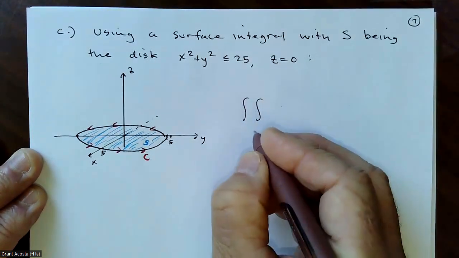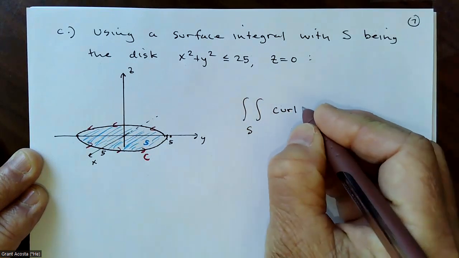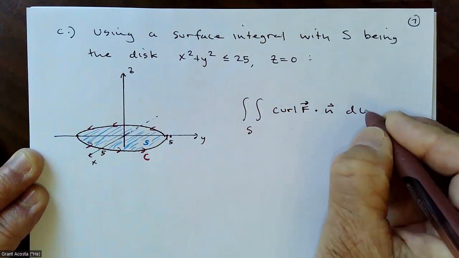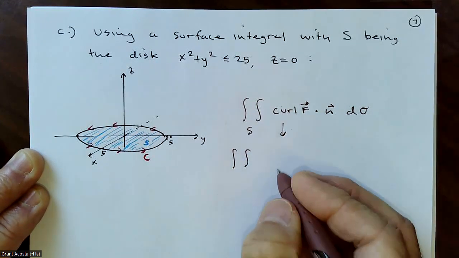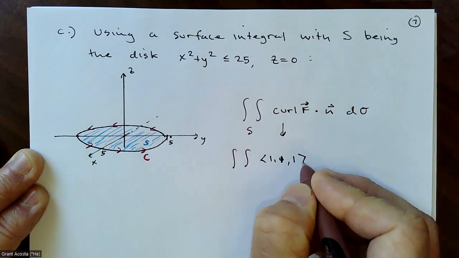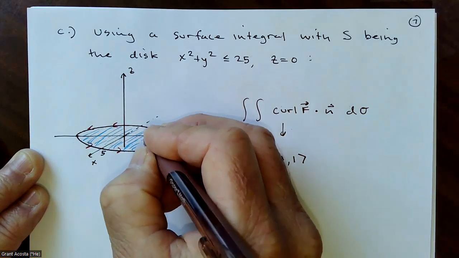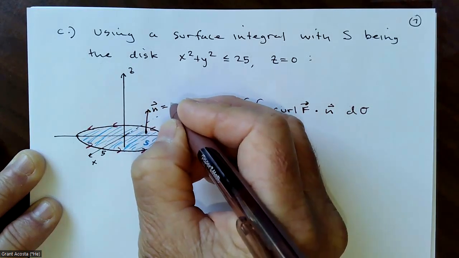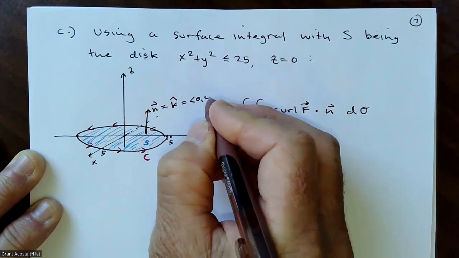Remember, my formula here is I want to integrate over the surface the curl of f, which is del crossed with f, dotted with n d sigma. We already found that the curl of f, we just did that on the previous page, was 1, 1, 1. But n is a normal vector to the surface, and I don't need any formula to find the normal vector here. A normal vector to this surface is just k hat. It's in the xy plane, or in other words, 0, 0, 1.